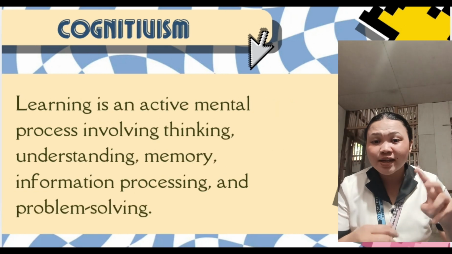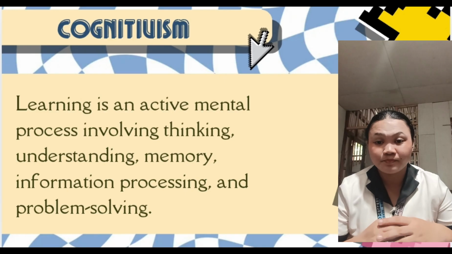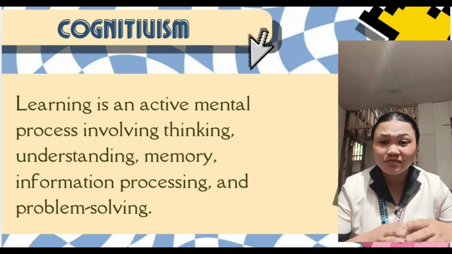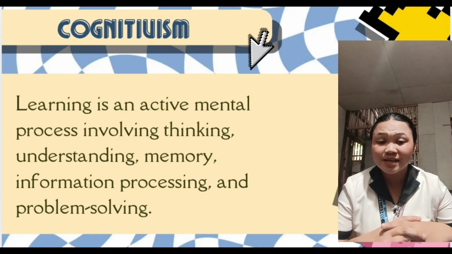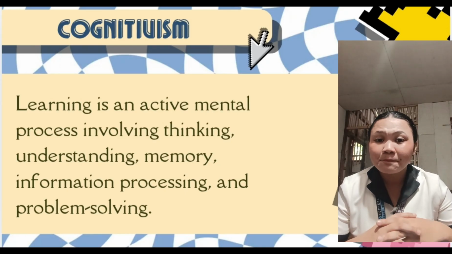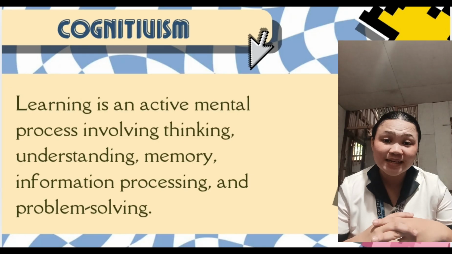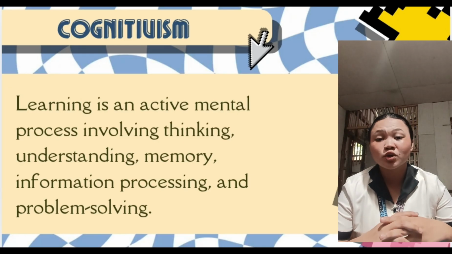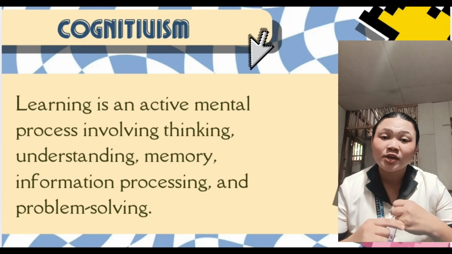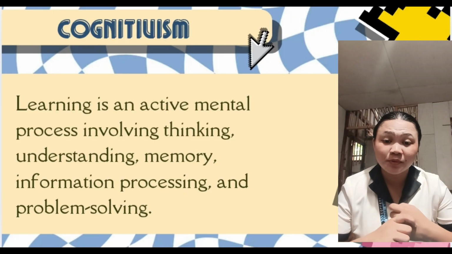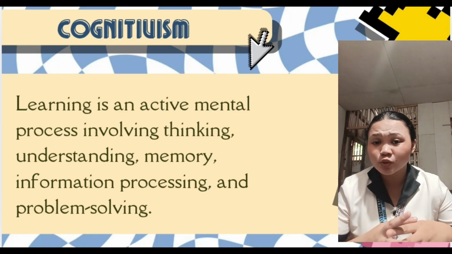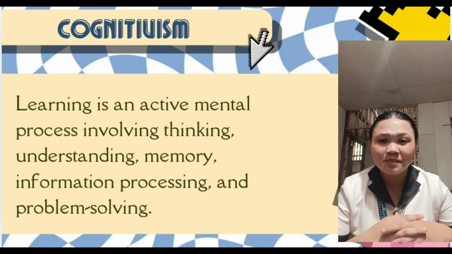So the second theory is cognitivism. Learning is an active mental process involving thinking, understanding, memory, information processing, and problem solving. The major theorist of this is Jean Piaget. Cognitivism views learning as an active mental process.